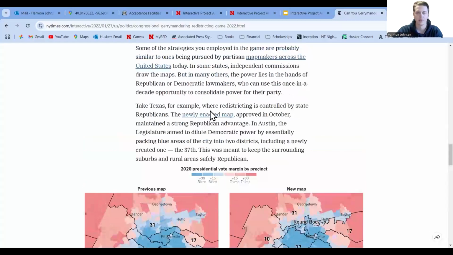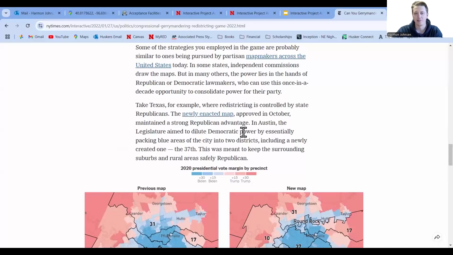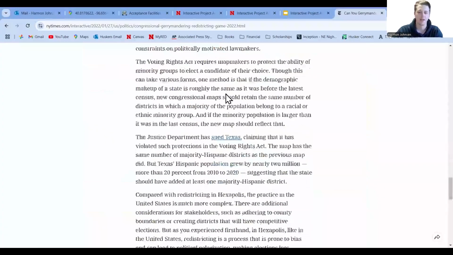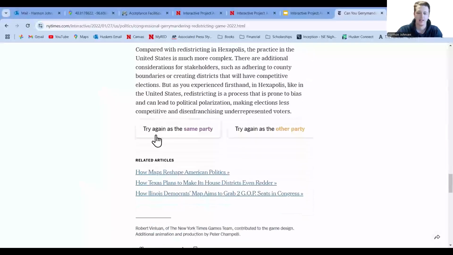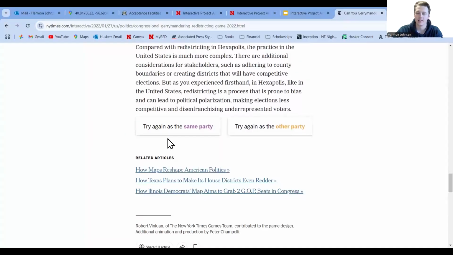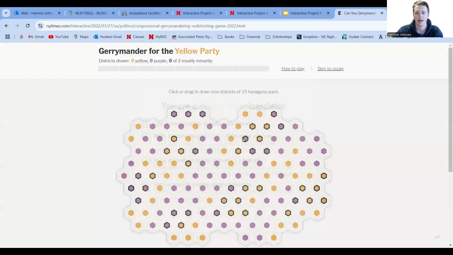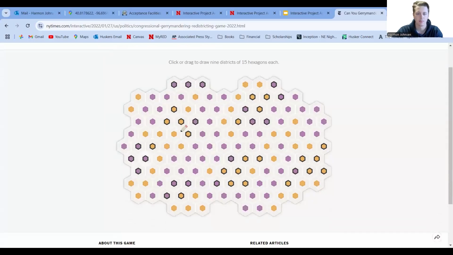Again, it's kind of frowned upon, not illegal, but really unethical. And then it will let you try again as the same party, or you can actually try again as the other party. And the yellow party, I think, is the harder one because there's less people, less districts.